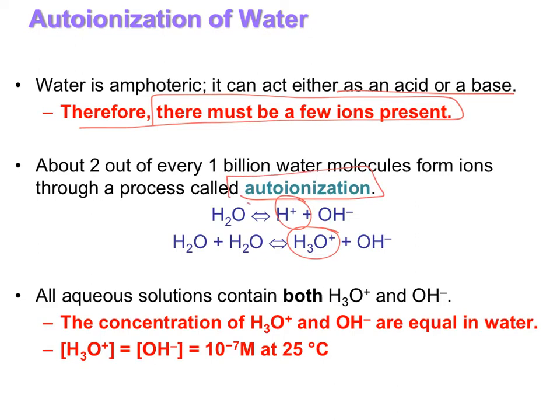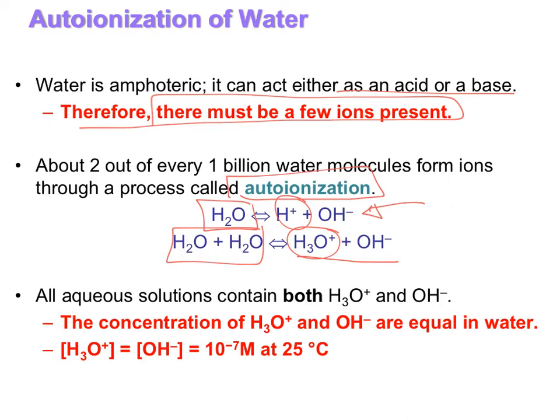So if water is acting as both an acid and a base, then you will end up having these ions in solution, and then from there you will have water react with itself. That's where the autoionization comes into play. So because of this, you will have both H3O plus and OH minus in solution.